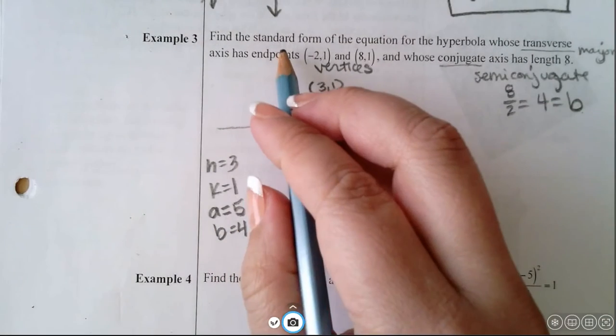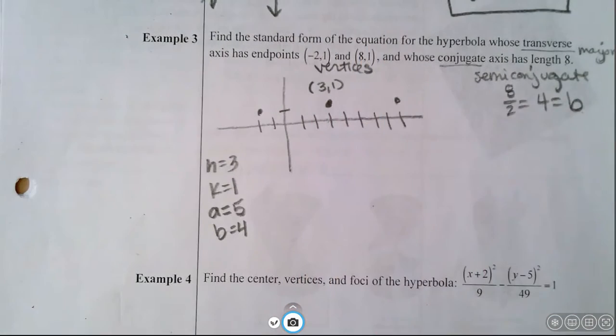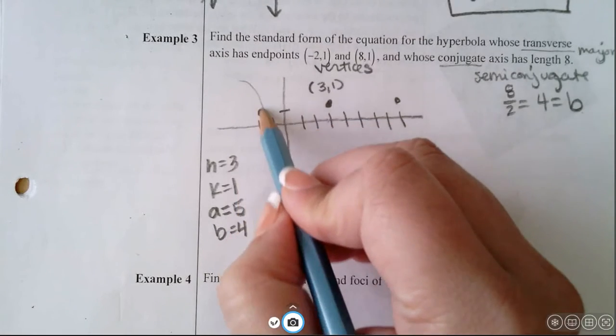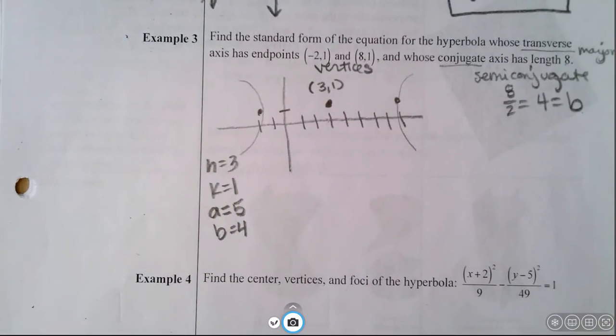Okay, now we're looking for the standard form of the equation, and again, we can find C, but we don't need to because C is not part of our standard form equation. If we were to draw this hyperbola, it would be something like this.